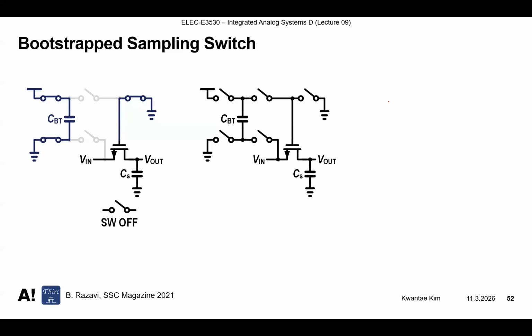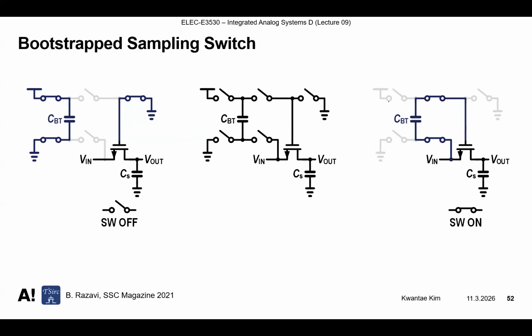So we put one switch for that purpose, simply driving ground, and we put another two switches to charge this capacitor to VDD, such that we can think of this capacitor as working as a battery. And then we attach this battery to the input side. So it is working as a VDD charged battery, such that the voltage across the capacitor is conserved as VDD.